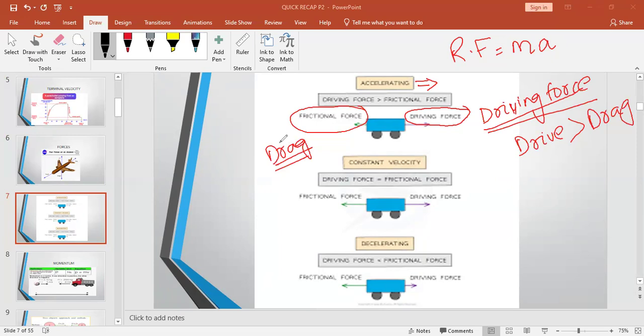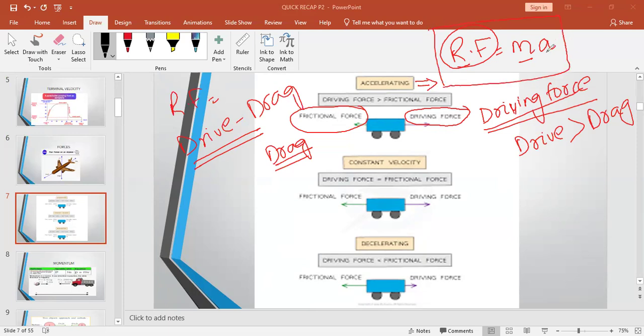If this force is given, then it is fine. If this is not given and the driving force and drag force are given, then you can first calculate the resultant force by subtracting drive minus drag. When you get the value from here, you will just put the value of this force over here. If mass is given to you and they're asking to calculate the acceleration, now you can calculate it with the help of the formula resultant force equals mass into acceleration. Clear?